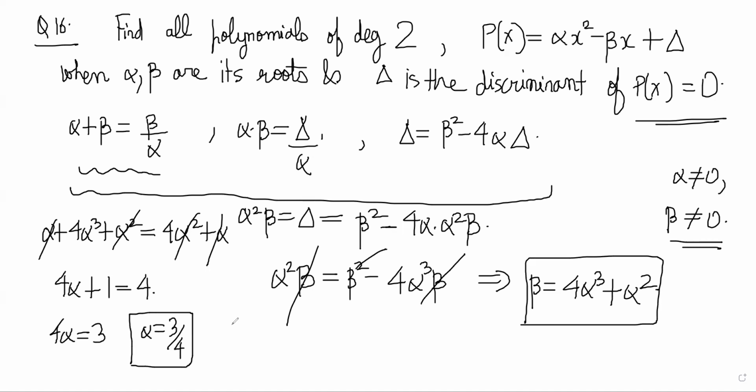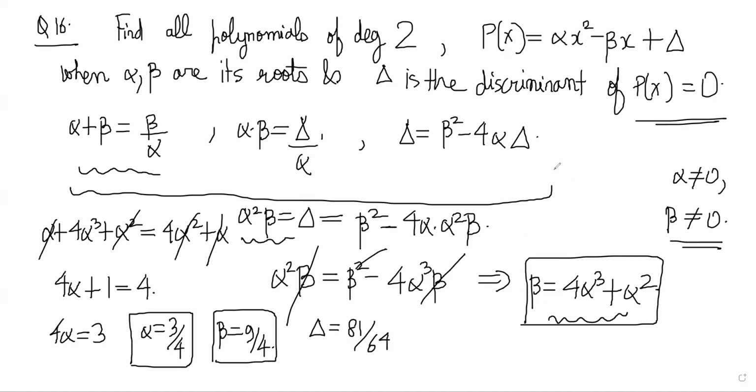If alpha is 3 by 4, beta value can be gotten by putting it in this. To get beta is equal to 9 by 4. Alpha and beta are this. Delta would be 4 alpha cube beta. Delta is alpha square beta. So delta is 81 by 64.